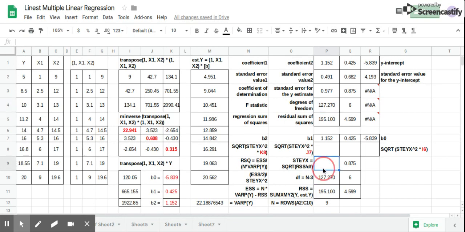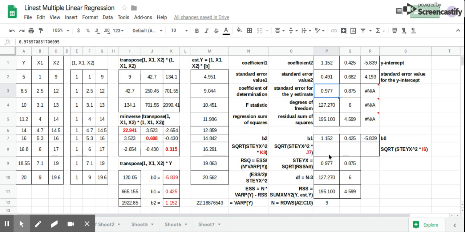Next, we calculate the R square, which is equal to ESS divided by the population times the variance of the population Y. That's equal to 0.977, which matches to this.